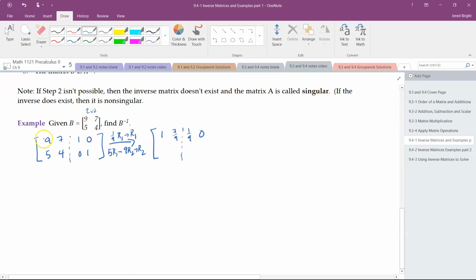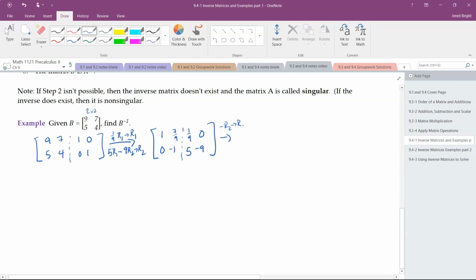Then 45 minus 45 is 0. Now 35 minus 36 is minus 1. Then 5 row 1, so that's 5 minus 0 is 5, and I have a negative 9 here. The first row is a little ugly, we'll deal with it.